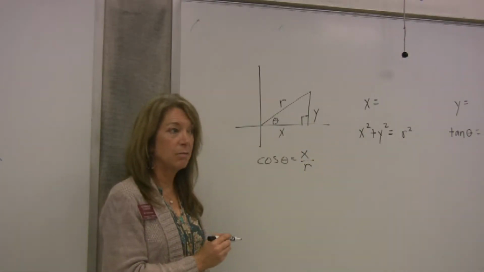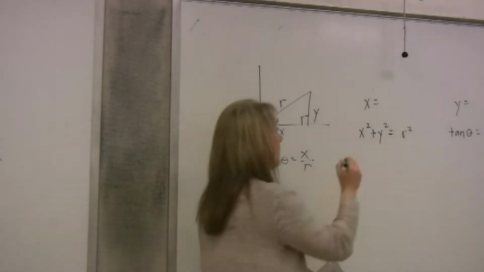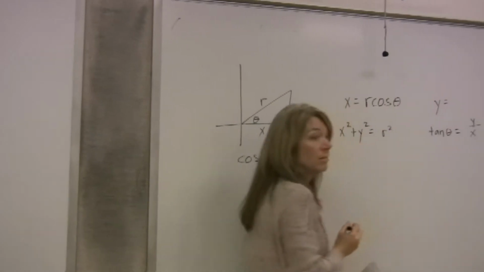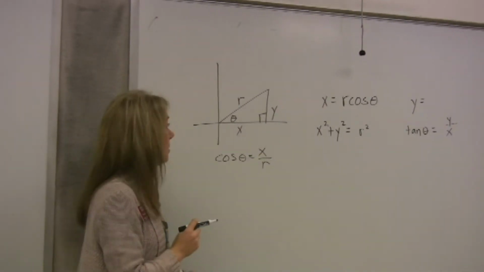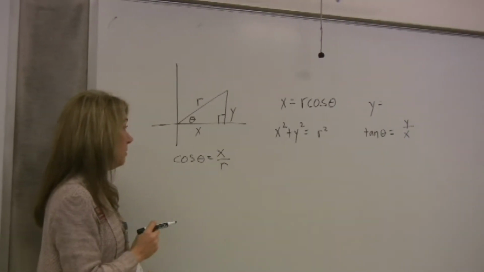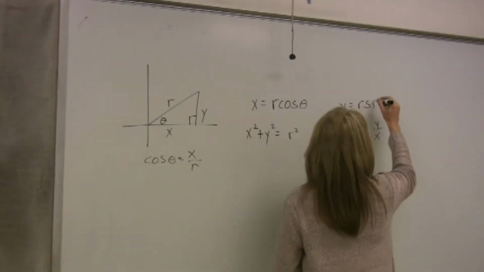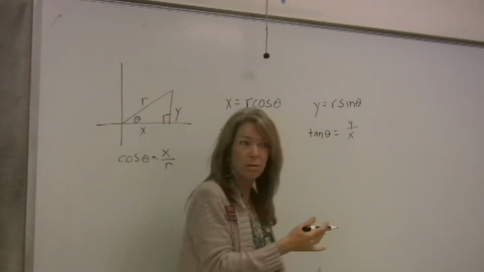So what's x equal to? R cosine theta. And what's y equal to? R sine theta. So technically, none of that's new, right?